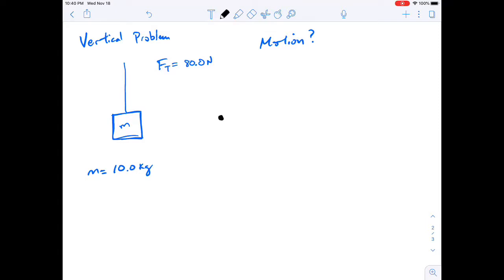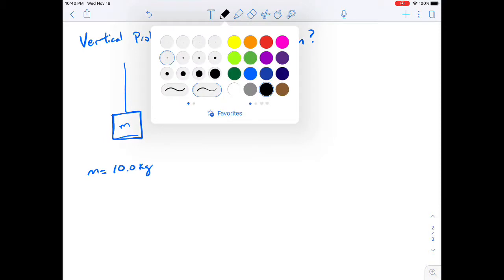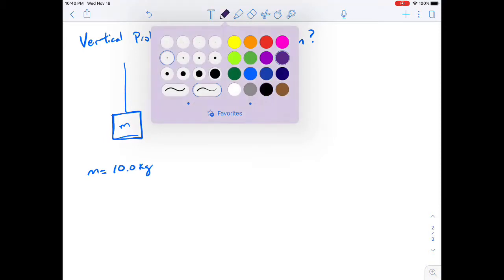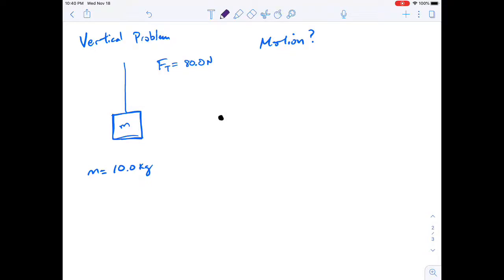We have the object, and we have a tension to deal with. And that tension, through the eyes of the box, through the eyes of the mass, well, that tension is the string, and that's trying to prevent us from falling, right?